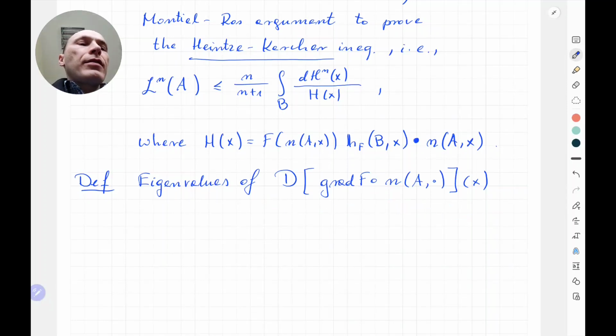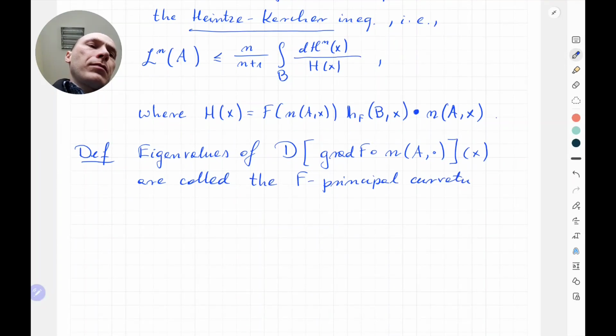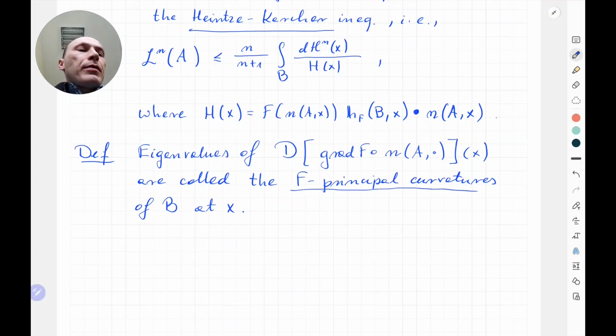You differentiate it and you get a linear map from R^{n+1} to R^{n+1}, and you take the eigenvalues of this map. It turns out that the eigenvalues of this map are all real. You have exactly n nonzero, or maybe zero. All the eigenvalues are real numbers, and these real numbers are called principal curvatures.